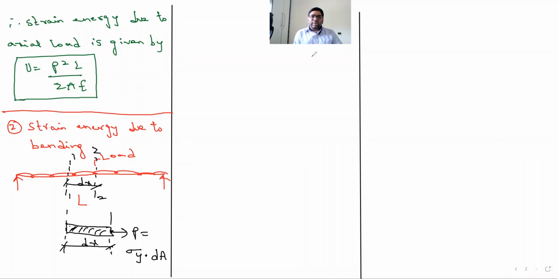Apart from that, let us also try to sketch the cross section of the beam with width and depth. So this is the cross section of the beam. This is the depth d, this is the width b, and a small section is cut there.